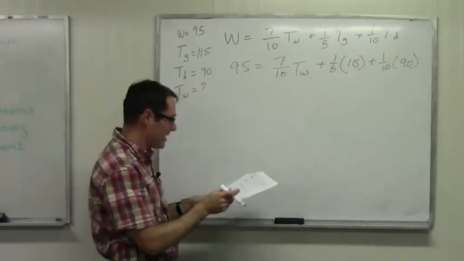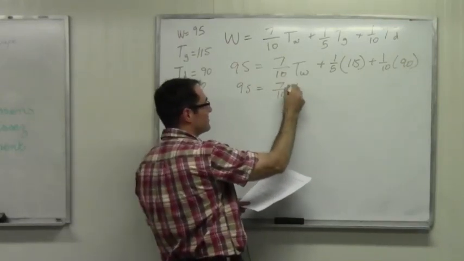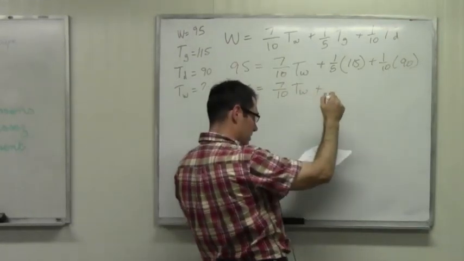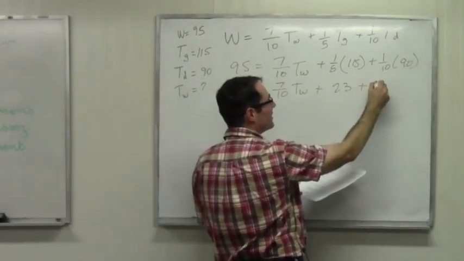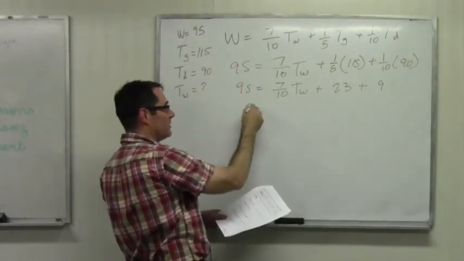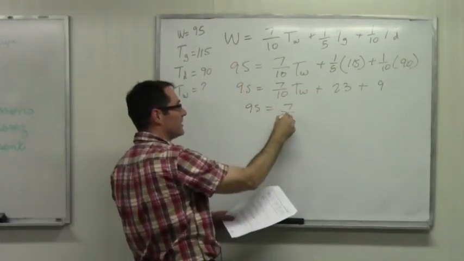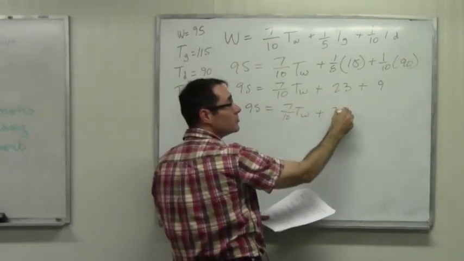So 95 equals 7/10 TW plus 115 divided by 5 is 23, and 1/10 of 90 is 9. Then you can add those two: 95 equals 7/10 TW plus 32.